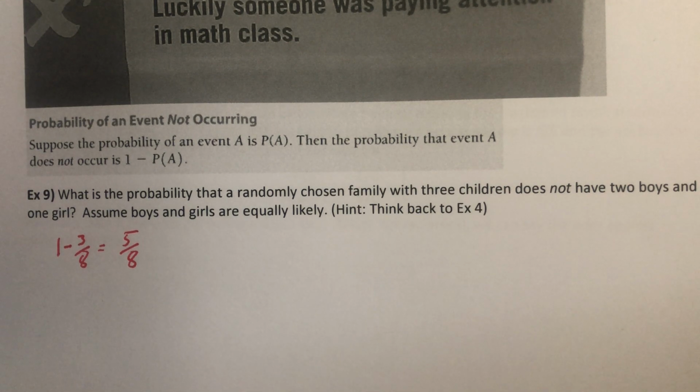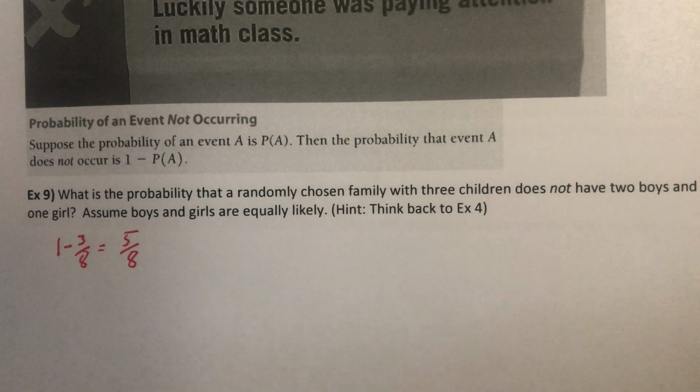Well, if you remember from a couple of examples ago, we said the probability that they do have 2 boys and a girl was 3 out of 8. So the chances of that not happening, we can take 1 minus 3 over 8 and get 5/8. So there's a 5/8 chance that a family with 3 children does not have 2 boys and 1 girl.